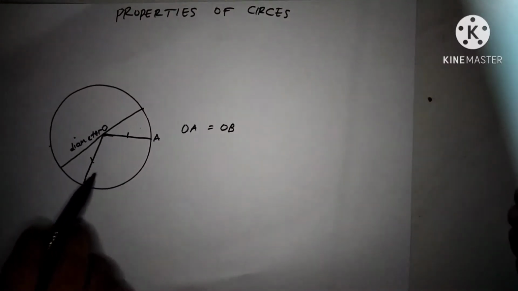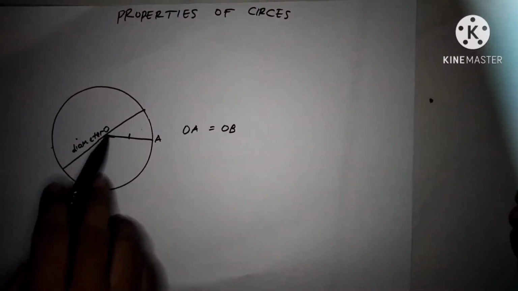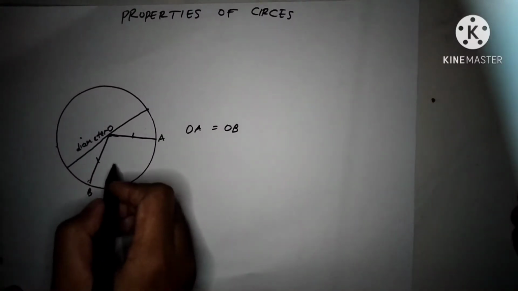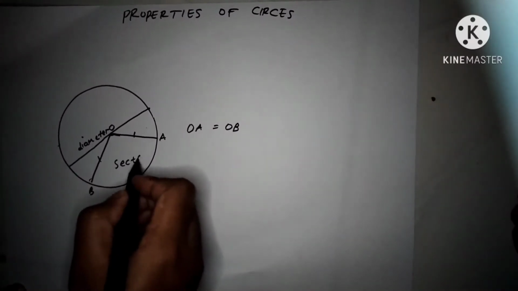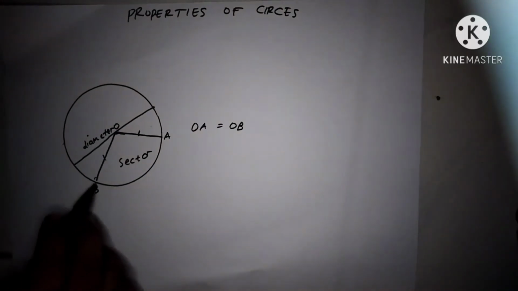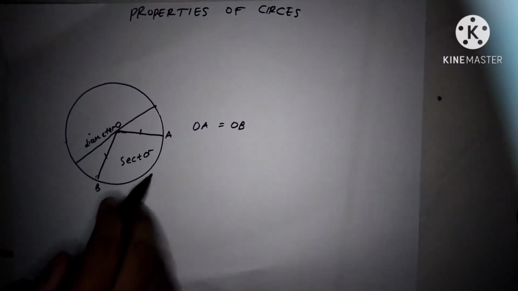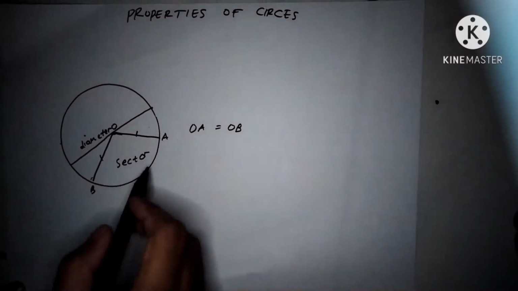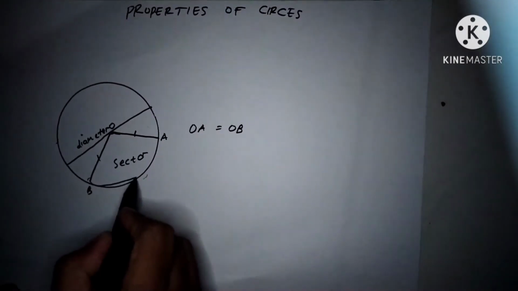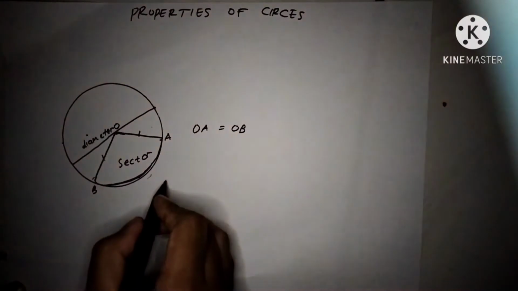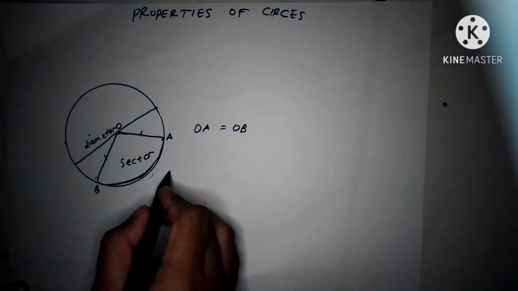When we draw two radii in the circle, OA and OB, what we get is a sector. It is edged by two radii and a curve. This also has a name. This is called an arc.